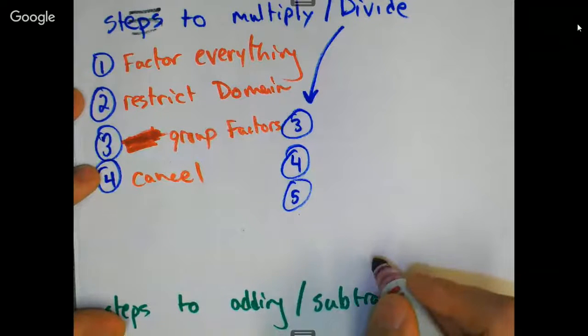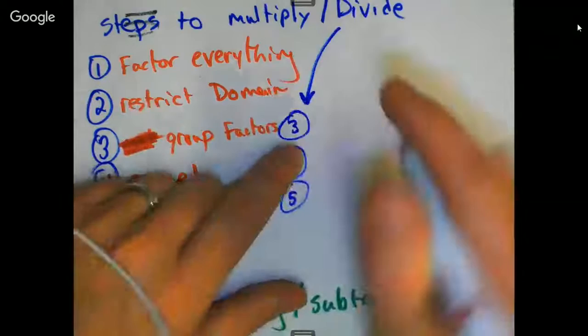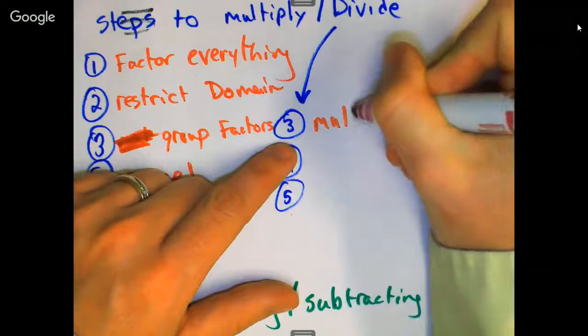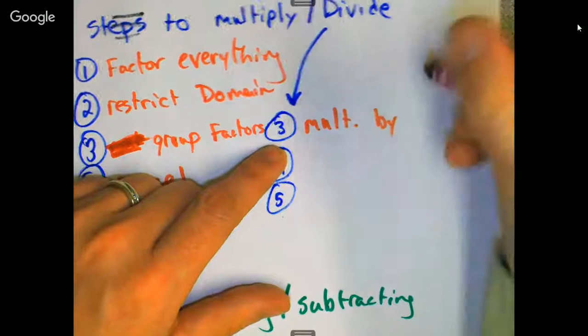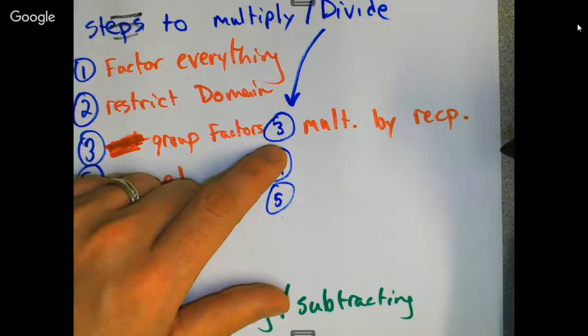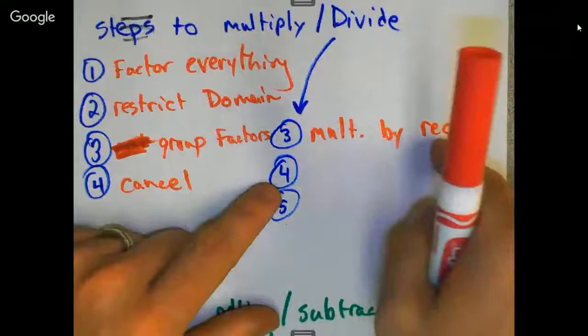For dividing, once you've restricted the domain, you'll multiply by the reciprocal. When I say multiply, I mean group factors, but you have to flip that second one.